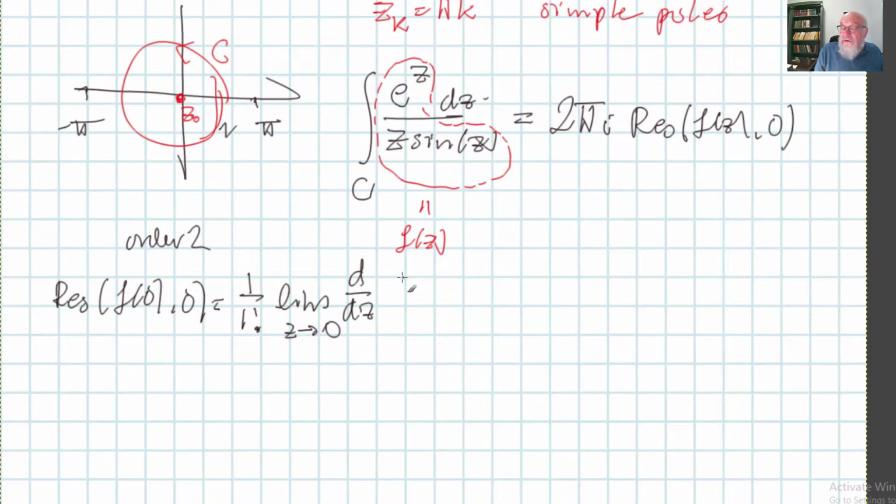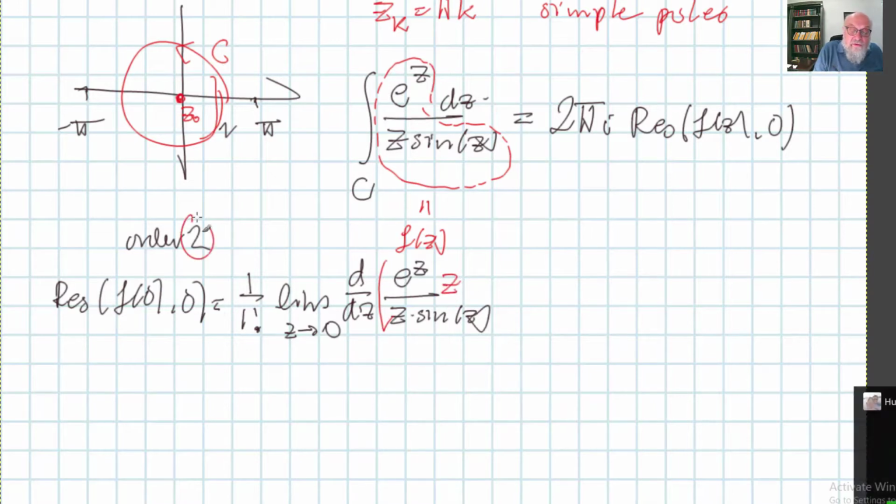Actually, I should write it like this: e^z over z times sine of z, and then remember, we multiply by z^2, since this is order 2.